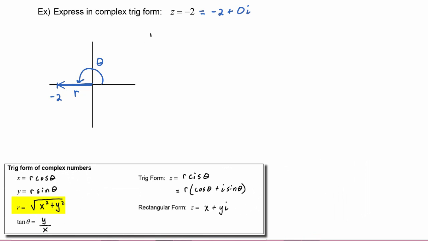We know that r is equal to the square root of x squared plus y squared, which equals the square root of -2 squared plus 0 squared, which is the square root of 4, which is 2.